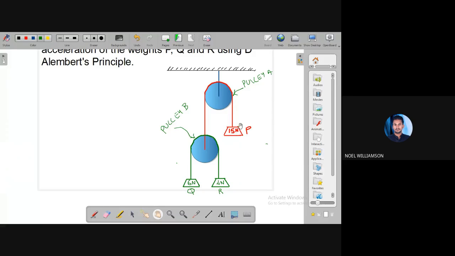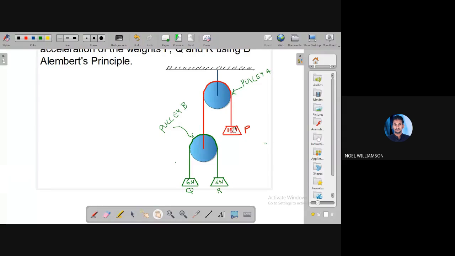On one side it is 15 Newton, and on the other side it is 6 plus 4, that is 10 Newton in total. So how will the string move? Yes, P will move downwards and the pulley B will move upwards.